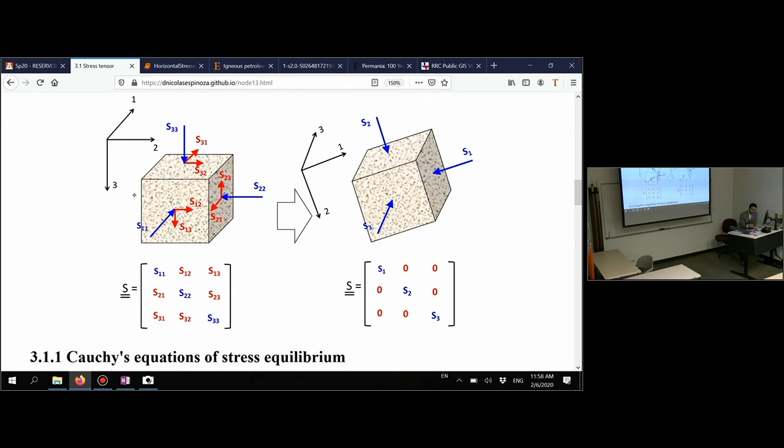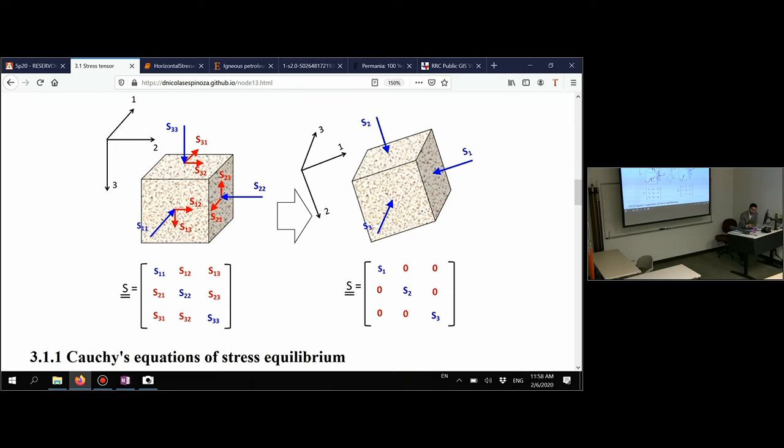And if it's going down in the other face, you may think that this is going to apply a torque which is going to make all this cube rotate counterclockwise. But that doesn't happen.